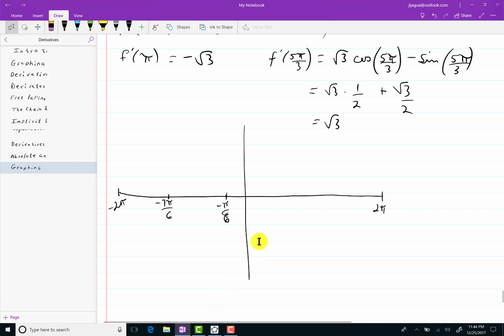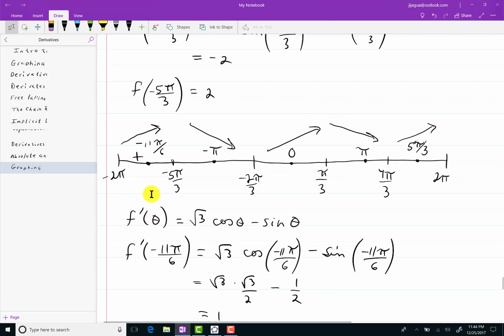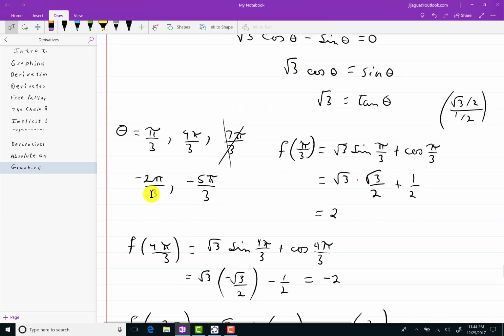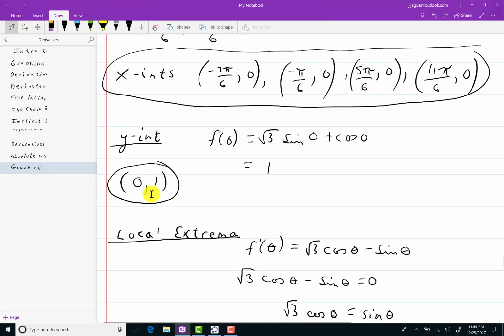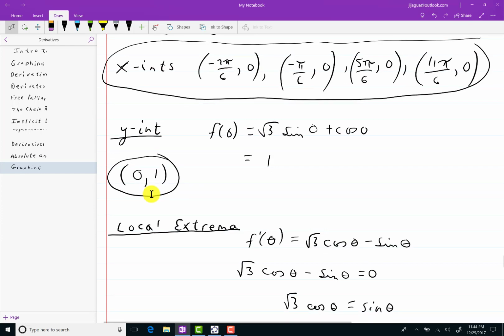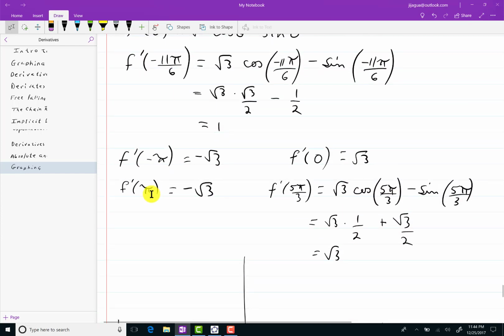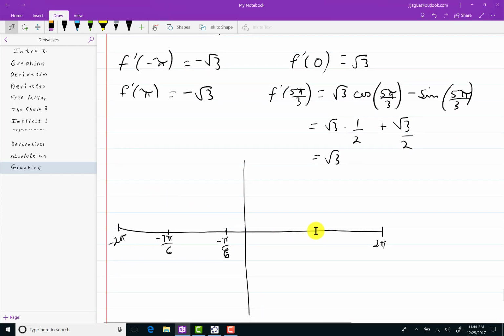Okay, and then we had 5 pi over 6 and 11 pi over 6. 5 pi over 6 is a little less than pi, so I'll put it over here. And then 11 pi over 6 is way over here.